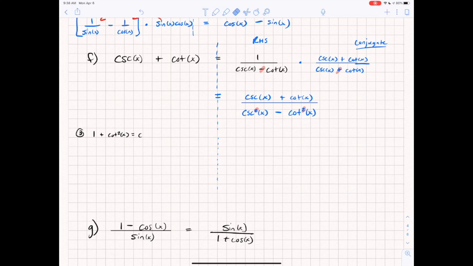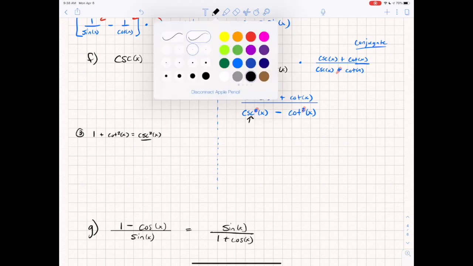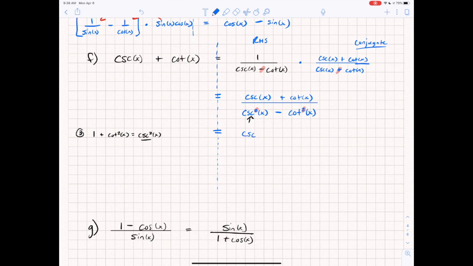And we've done this one before, I think even above in a different example, by substituting 1 plus cotangent squared in for cosecant squared. The cotangent squareds cancel, and I'm left with just cosecant of x plus cotangent of x over 1, which is cosecant of x plus cotangent of x. I'm done. Again, refer to the earlier example. We've done that simplification, specifically that cosecant squared of x minus cotangent squared of x is equal to 1, if you want to see that intermediate step.